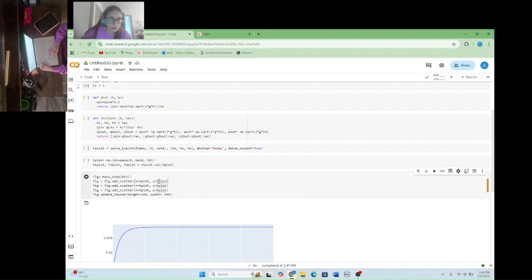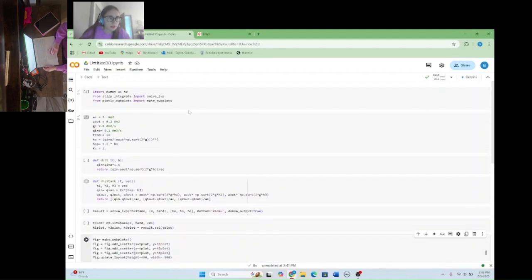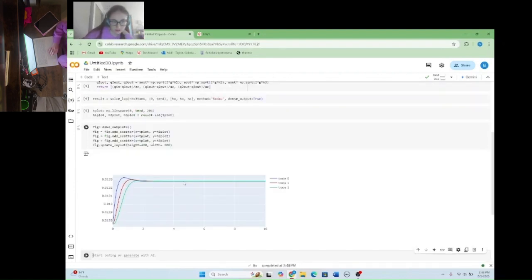Okay, so 1, 2, and then 3. Okay, that looks good. So let's do some shift enters on this one. Shift enter, shift enter, shift enter, shift enter. Let's see what happens. Okay, so we have our 3 tanks here.